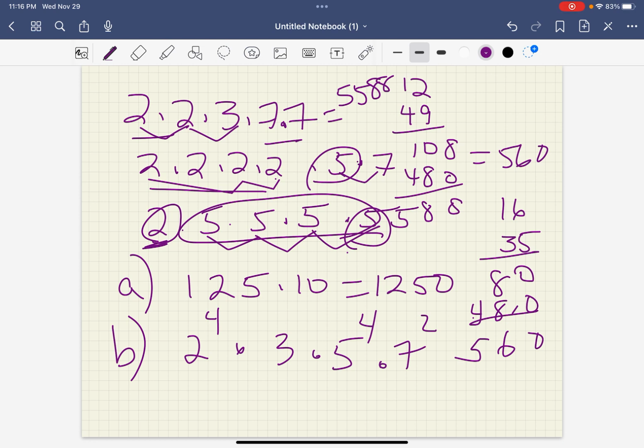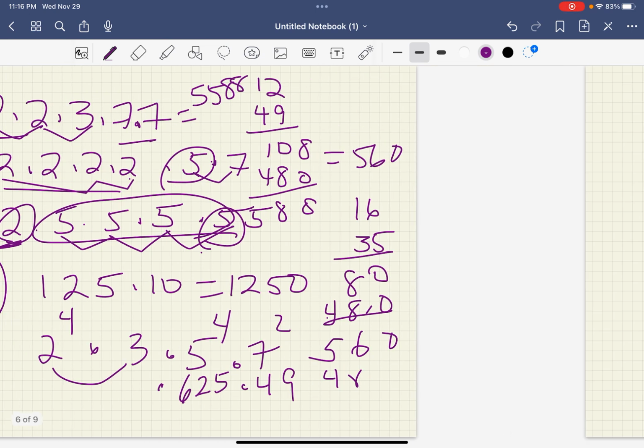Ugh. Because this is 16 times 3, that's 48. And 5 to the 4th is 625. So times 49, and then, oh, we did that already. So 625 times 49 plus the 48. Let me see, 625 times 49.